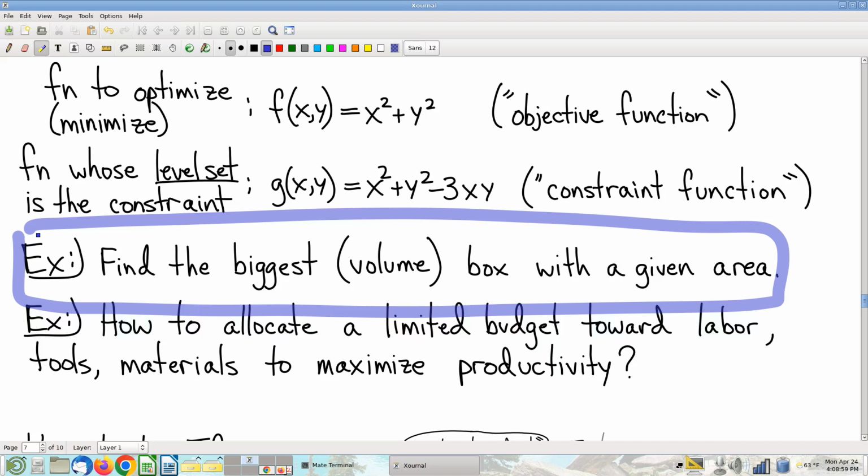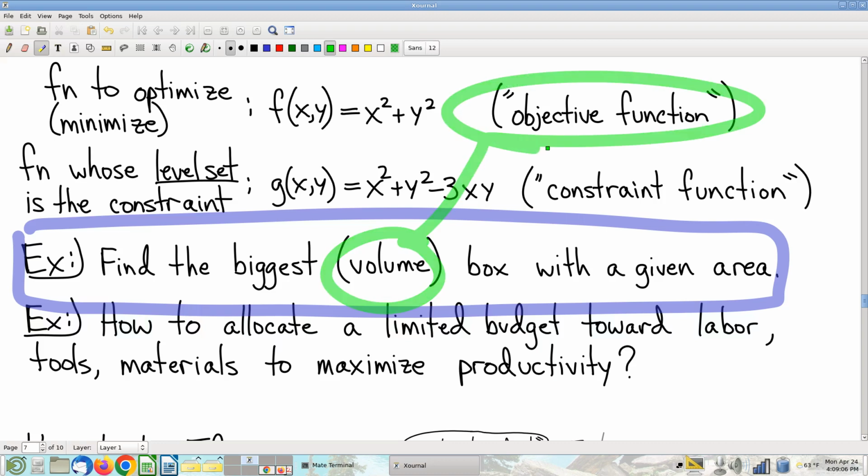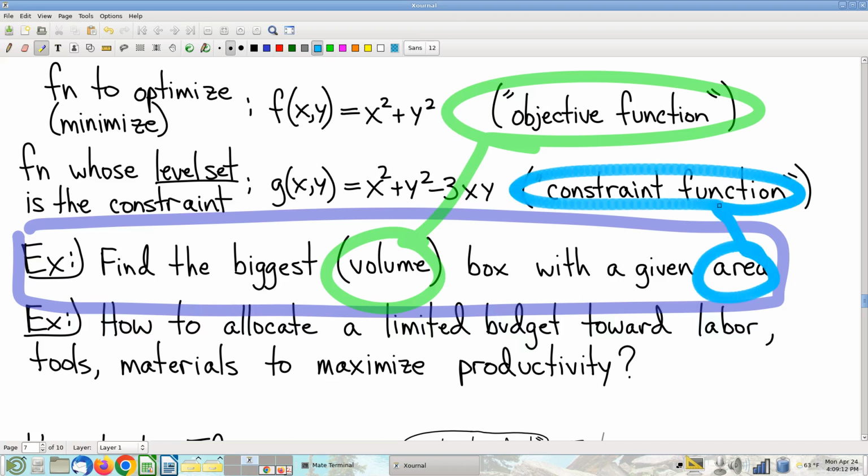Right? So the optimization problem is that what I'm trying to make as big as possible is volume. And my constraint function, the thing that has to be a constant, the thing of which I'll be looking at a level set, is the area function for that box. Does that make sense to everybody?